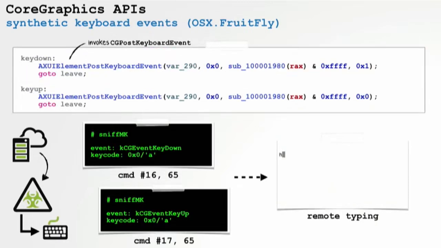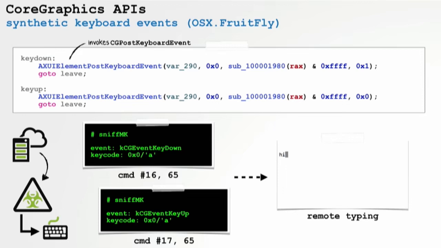Now, Fruitfly also had the ability to synthetically generate keyboard events. So again, reversing its code, we can see it invokes the AXUIElementPostKeyboardEvent method, which is just a wrapper over the Core Graphics keyboard APIs. Again, via the custom command and control server, I could task the malware and observe its actions.